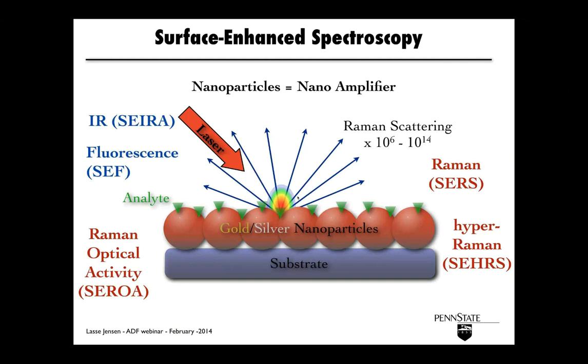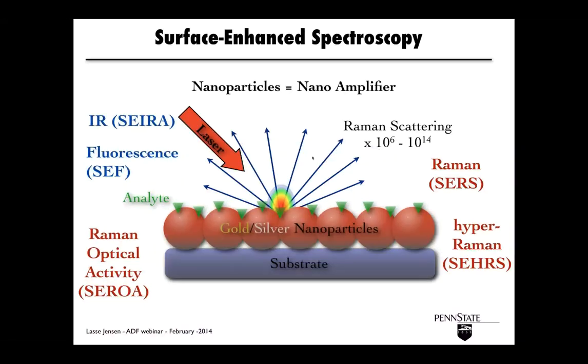And based on this, you can actually enhance spectroscopies such as Raman scattering, Raman optical activity, fluorescence, and IR. Raman scattering is going to be the main topic of this webinar.